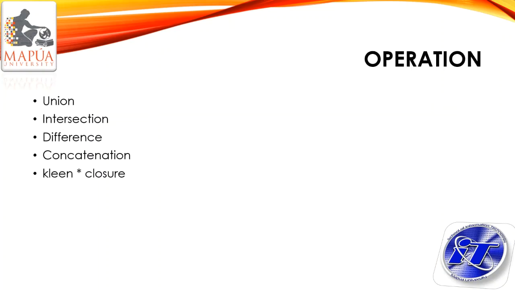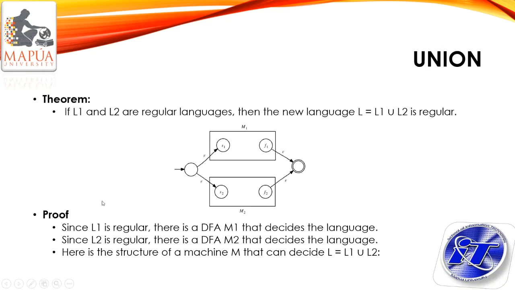Now let's move on with the different operations that we could implement on our language, which are union, intersection, difference, concatenation, and Kleene closure. Kleene closure is represented by an asterisk. Let's start with union.